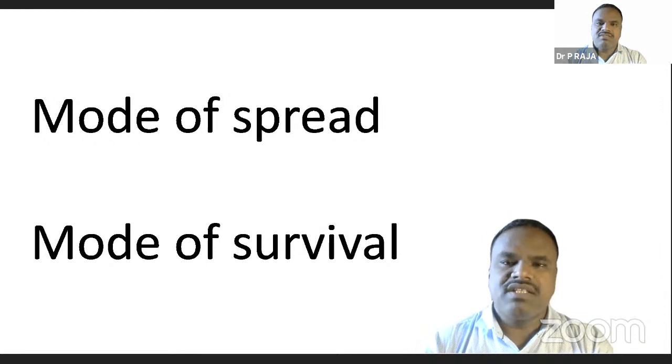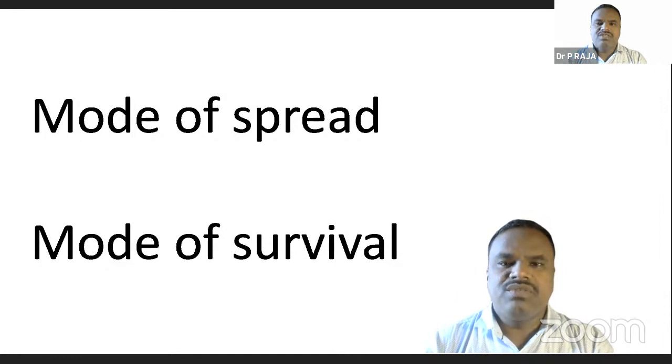Now, look at this pathogen. Let us see how this pathogen will survive. In the absence of a host, it will survive in the soil by producing some kind of resting spores, for example, oospores. When the favorable condition comes, these oospores germinate and release a lot of zoospores.